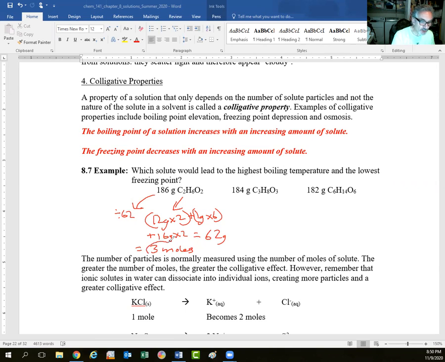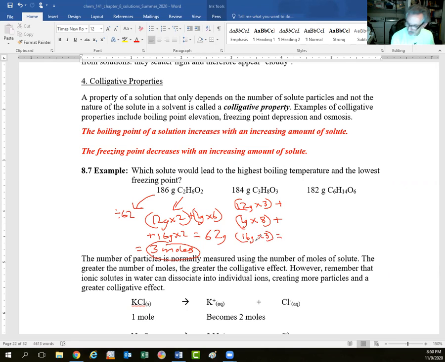3 moles of solute. Look at the second one, 12 grams for carbon times 3, 1 gram for hydrogen times 8, and 16 for oxygen times 3.